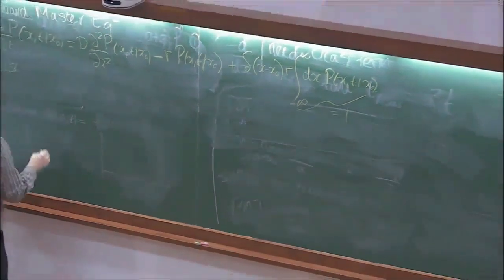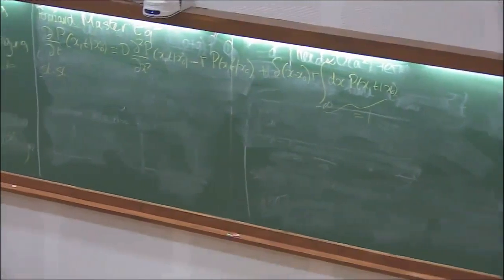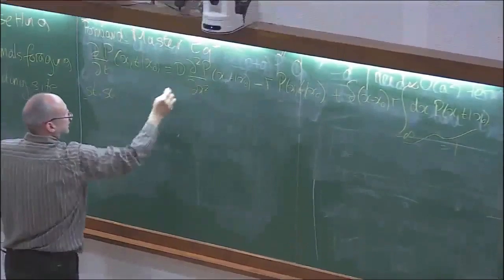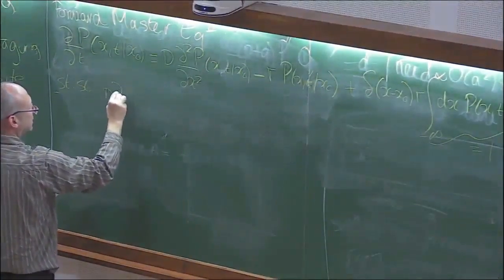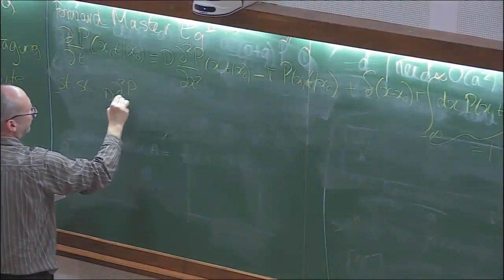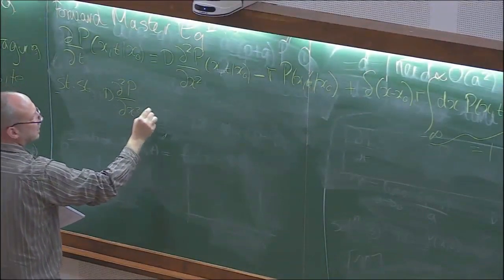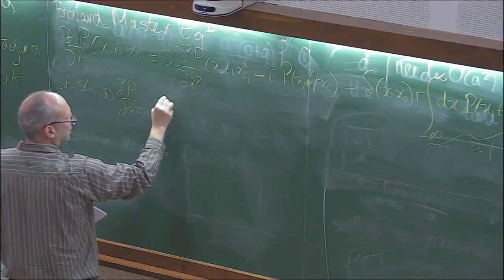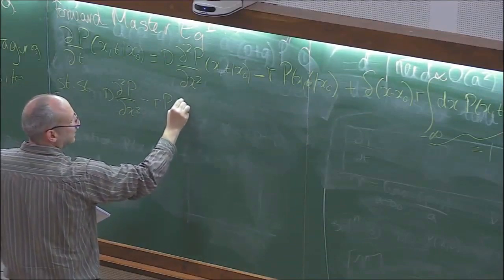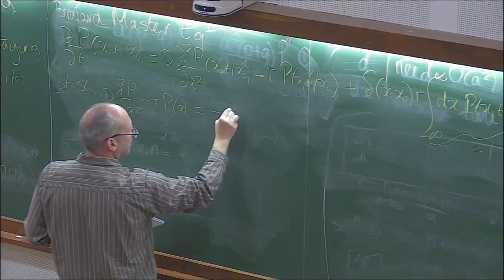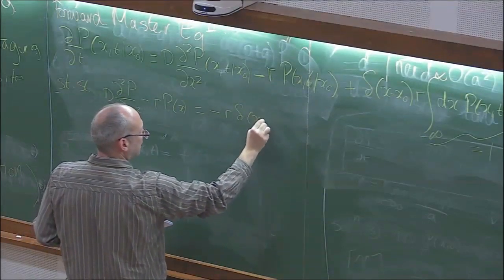In the stationary state, dP/dt is 0. So I'm going to have the term D d squared P by dx squared, minus r P of x, equals minus r delta of x minus x naught.